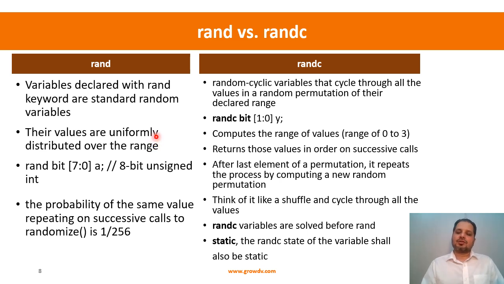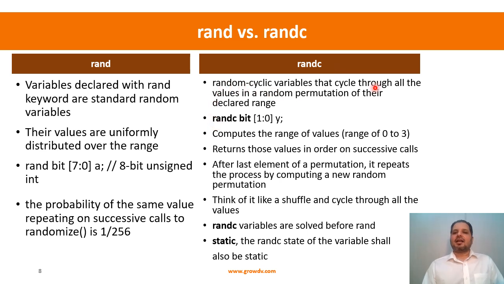So if I had a random variable, rand bit [7:0] a, an 8-bit unsigned int, the probability of the same value repeating on successive calls to randomize is 1 divided by 256. So everyone is getting an equal probability. Whereas randc means rand cyclic.